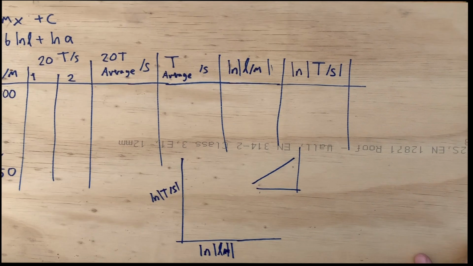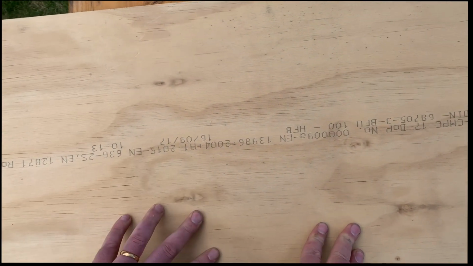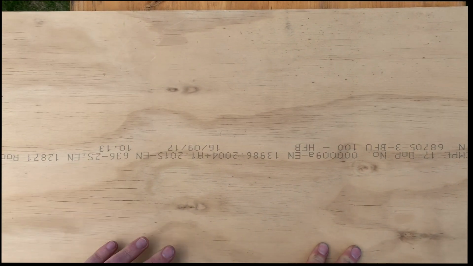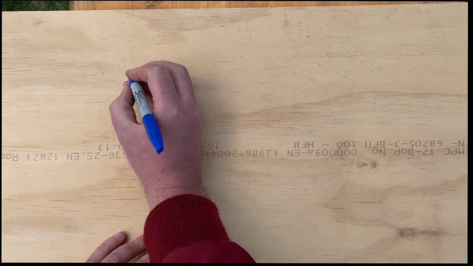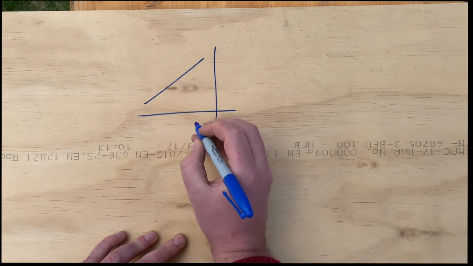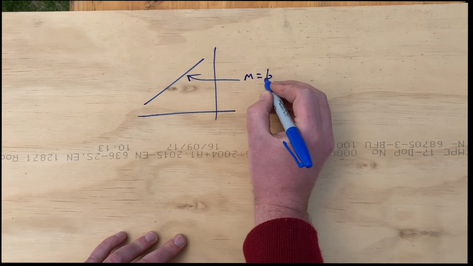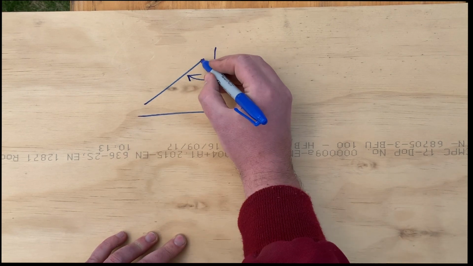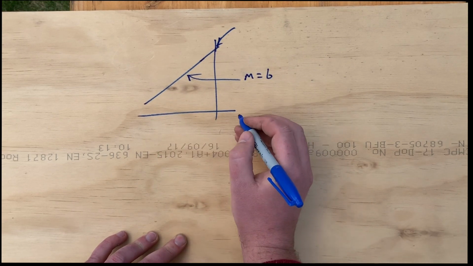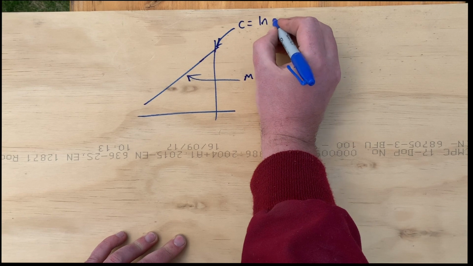Okay, so once you've got your graph, you're going to want to get the data out of it. So let's say you've got your graph, it looks like this, and this is something that hopefully you can probably do without the video really. So we're going to find the gradient will be b, the intercept will be the natural log of A, and this is a sketch if you started at 0.5 meter. Intercept will be natural log of A.